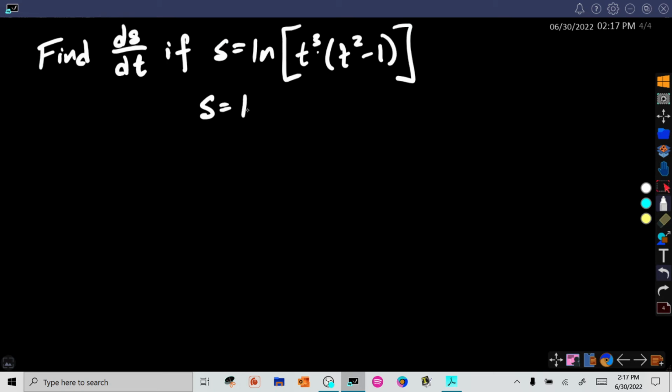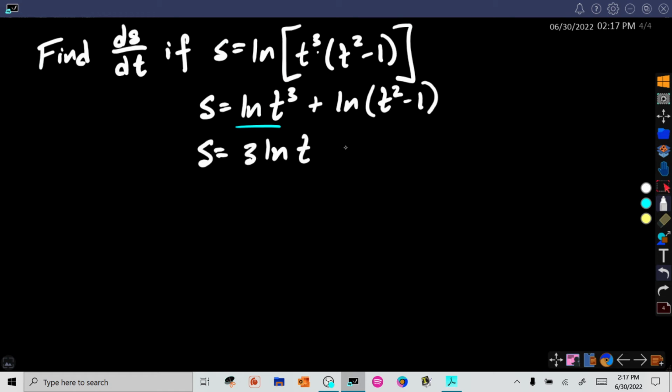So here this is the same as natural log of t cubed plus the natural log of t squared minus 1. And even further, this first one that you see here, because there's an exponent tied to that t, we can bring that down in front as a multiplier. And then this is what we're going to have on the back end, t squared minus 1. There's nothing we can do with that. That's just going to be whatever it is.